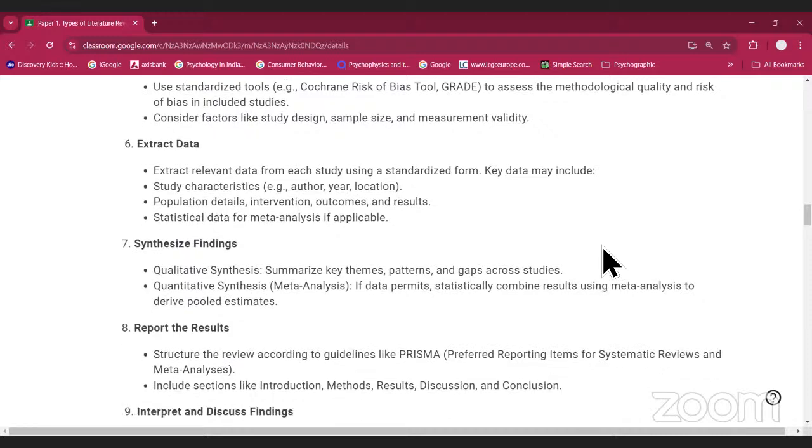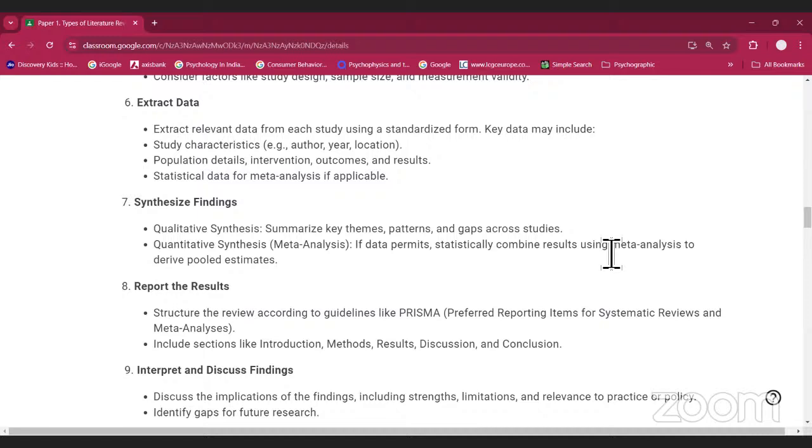Synthesize findings. Qualitative synthesis summarize key themes, patterns, and gap across studies. Quantitative synthesis, meta-analysis, if data permits, statistically combine results using meta-analysis to derive pooled estimates.